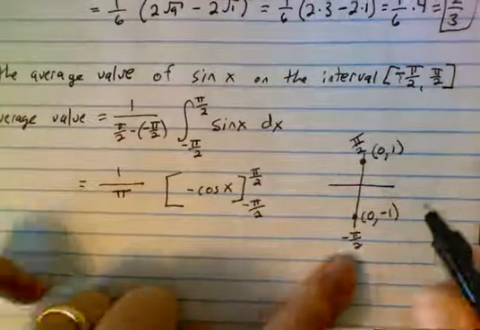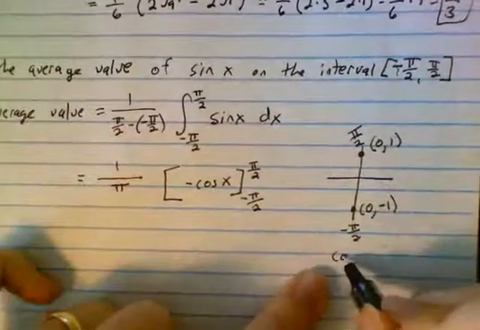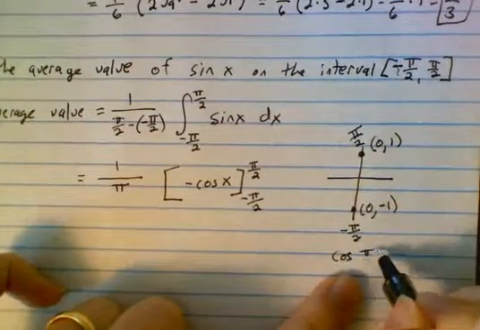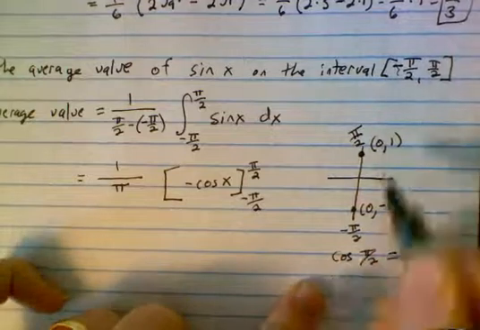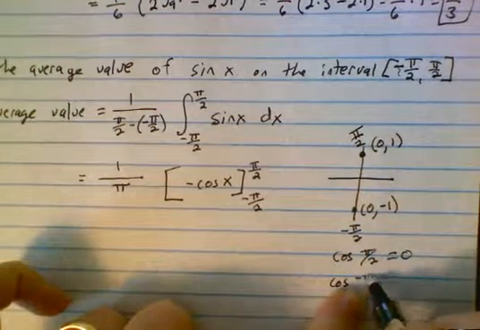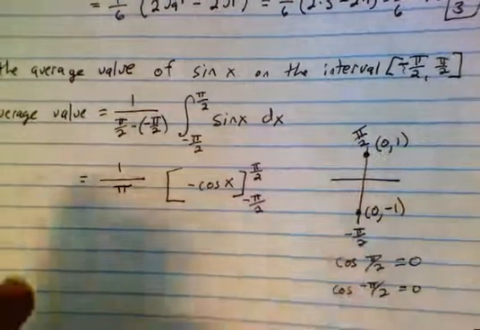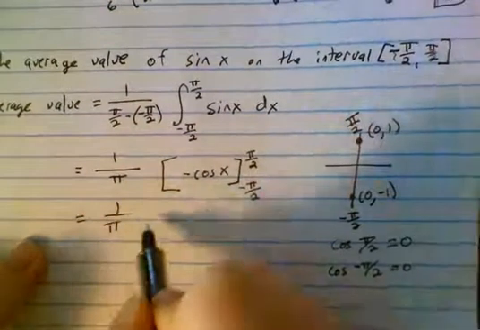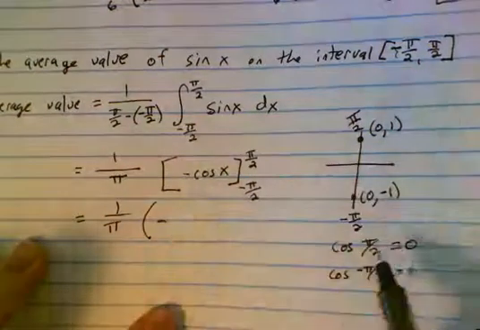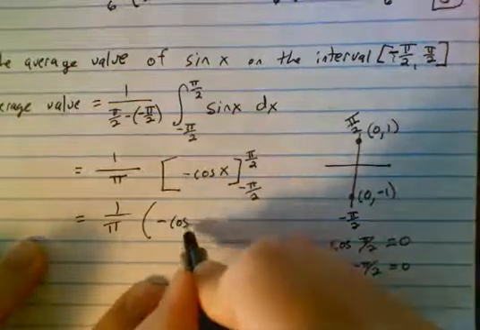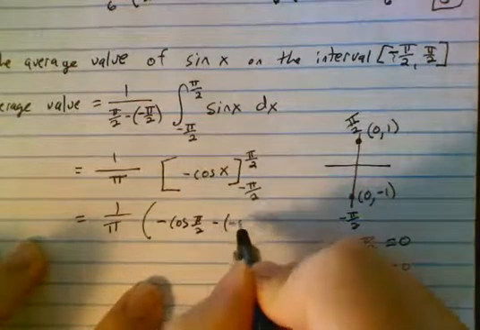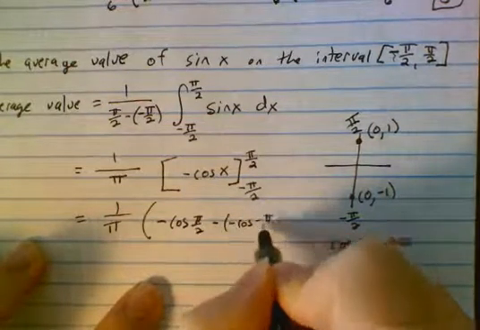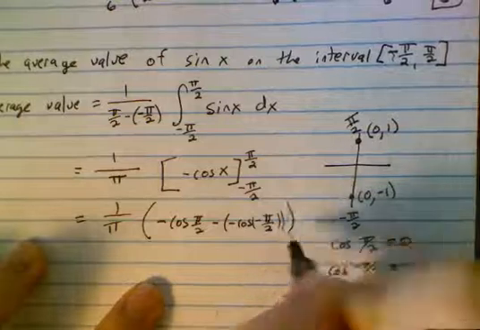Cosine is the x value, so that means that cosine of pi over 2 is 0, and cosine of negative pi over 2 is also 0. Ooh, that's going to be really convenient. So we've got negative cosine of pi over 2 minus negative cosine of negative pi over 2. A lot of negatives in there, so make sure you don't lose them.